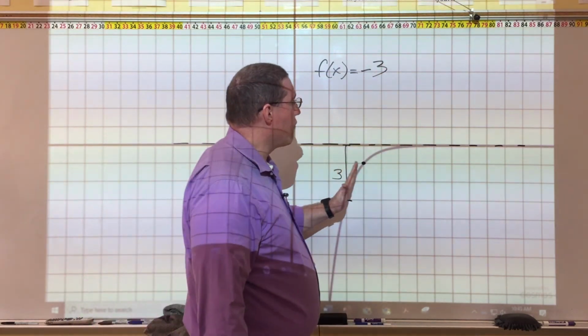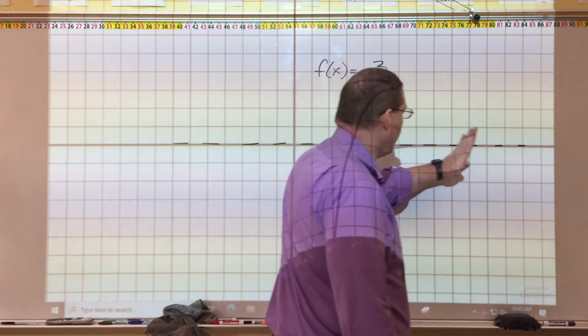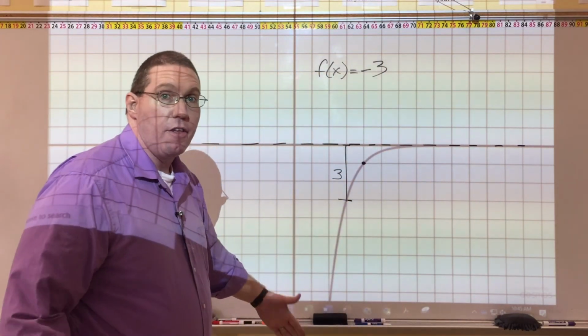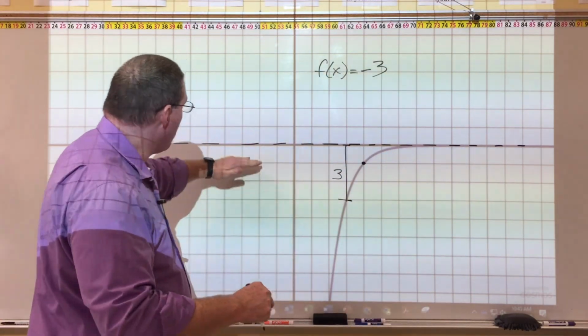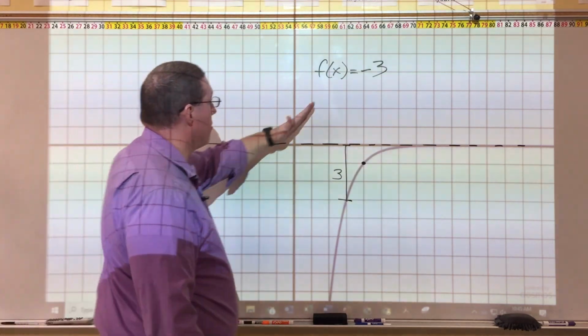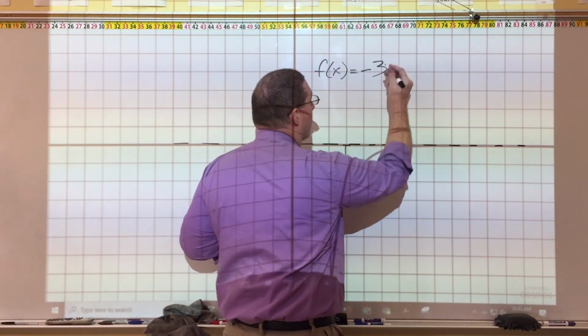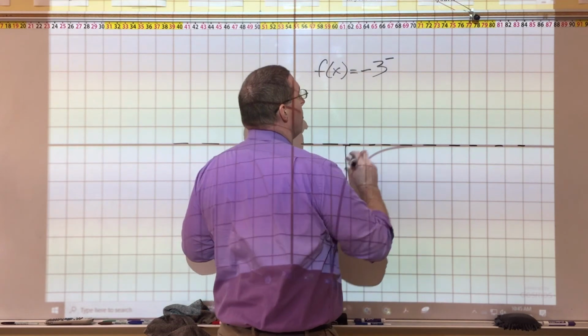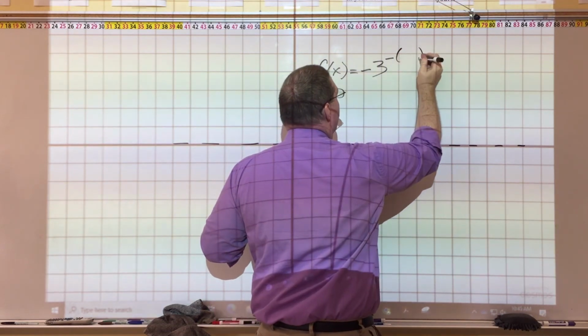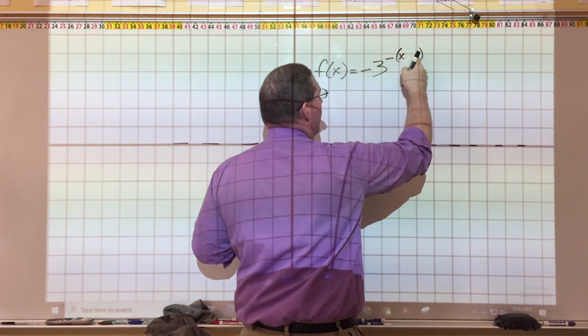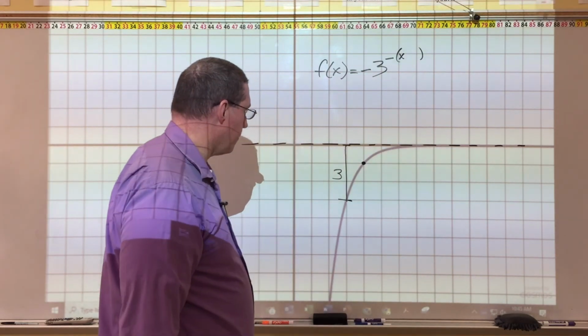Also, this curve is flat to the right and steep to the left, therefore it's backwards, because normally we're flat to the left and steep to the right. So this one is backwards, therefore there's going to be a negative on the exponent, and then our parentheses, so we'll have an x and then either plus or minus some number.